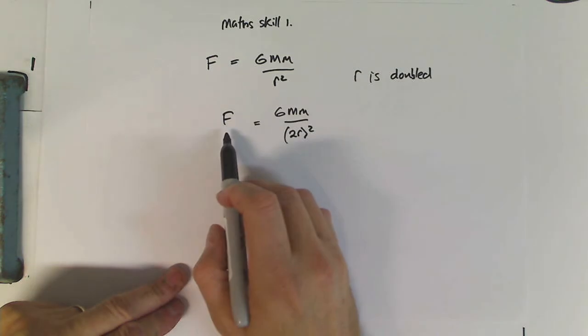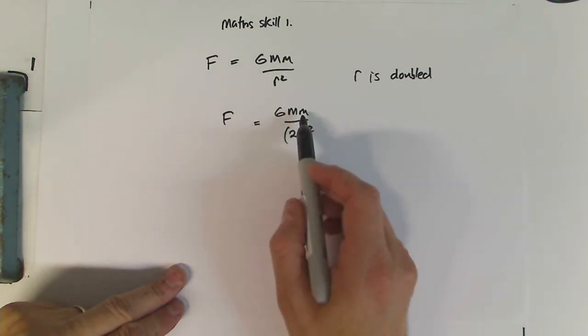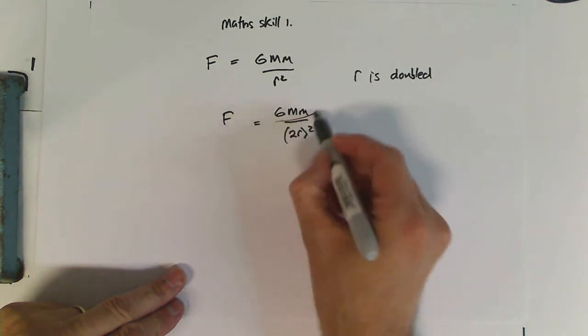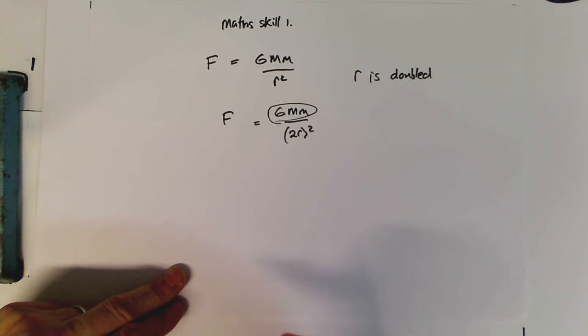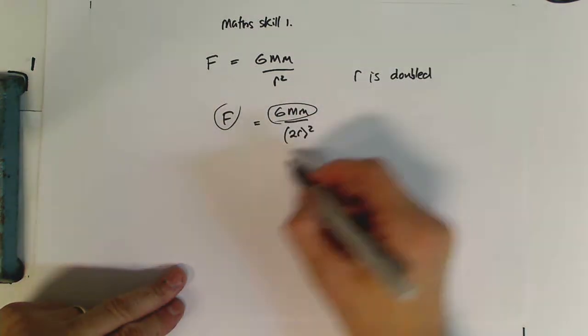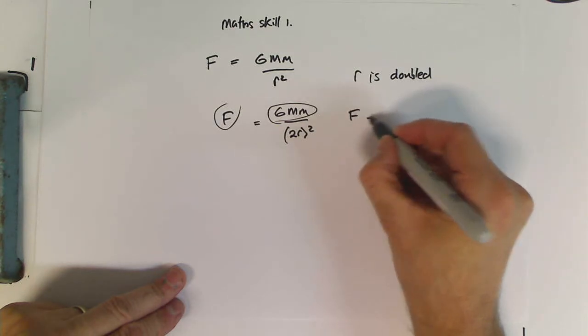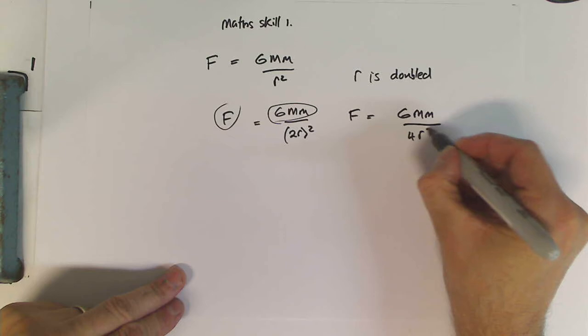Because basically we can say that G, M and little m are a constant. Alright, so if this bit here is a constant and we increase the radius or the distance, then the force must change, and we can write that as force is equal to big G, big M, little m all over 4r squared.